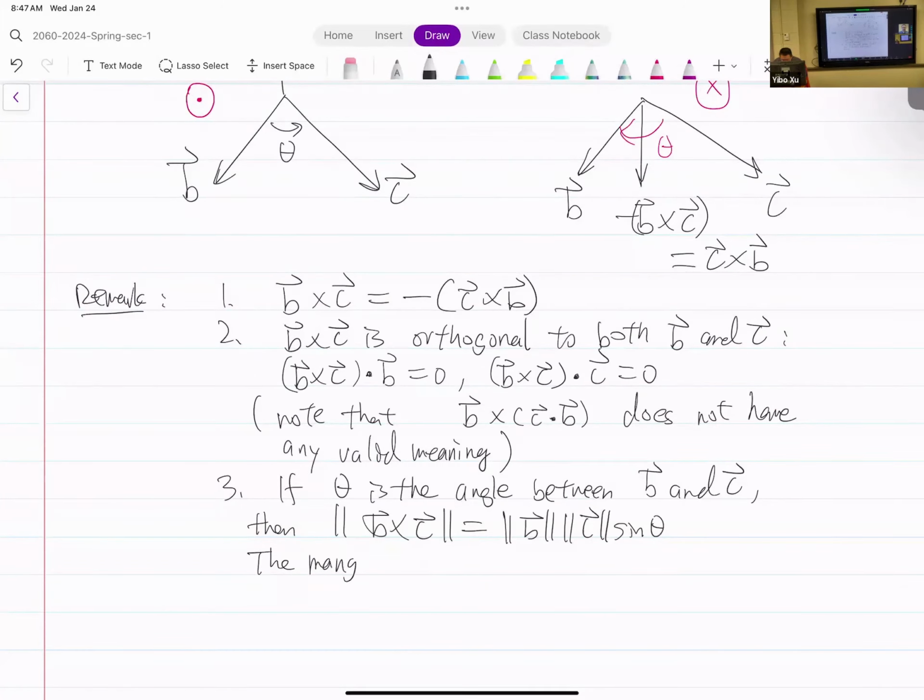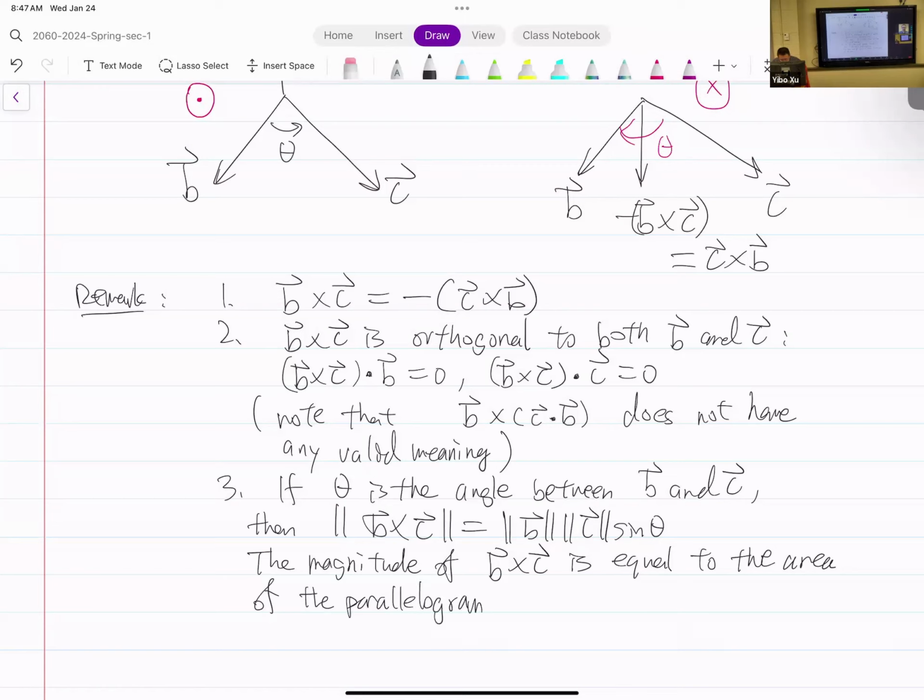The magnitude of B cross C is equal to the area of the parallelogram determined by B and C.